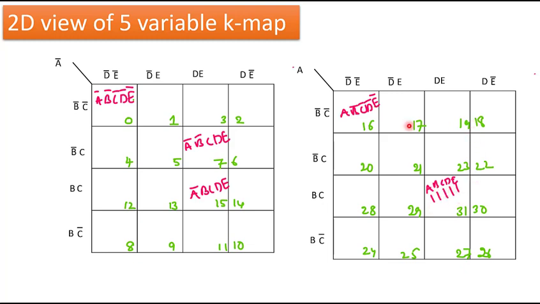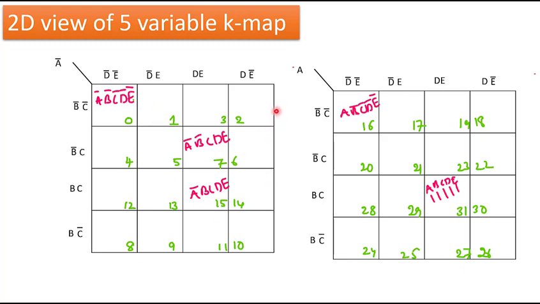So similarly, all the cells are numbered. So make sure, please remember the numbering part. That is very important. That's why I told you to define what is your MSB, what is your LSB. Because of that, your numbering will change. If I make my E as MSB and A as LSB, this numbering will entirely change. So we should be very careful.